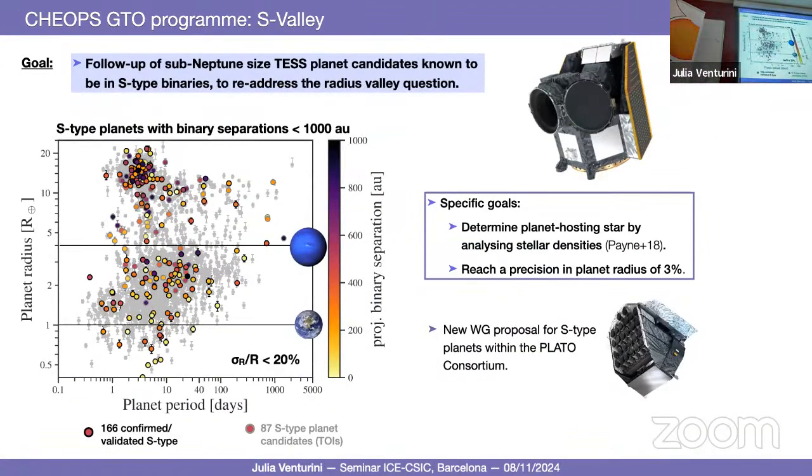And finally, as I said, there are some results for S-type planets coming from Kepler. But also TESS, of course, is a survey that is going on now, and for brighter stars, so the follow-up is much easier. There are plenty of S-type planets being discovered by TESS, and I'm leading a GTO program in CHEOPS to readdress this question of the radius valley for S-type planets.